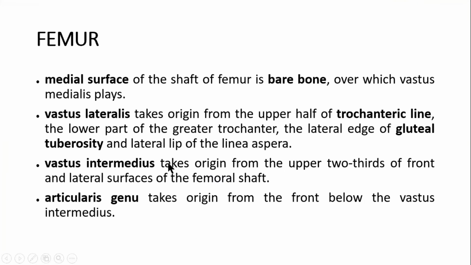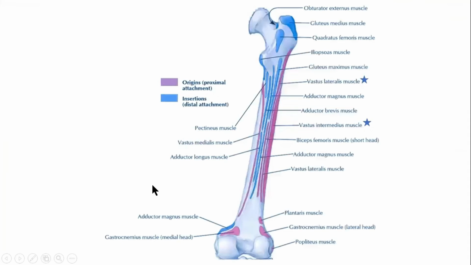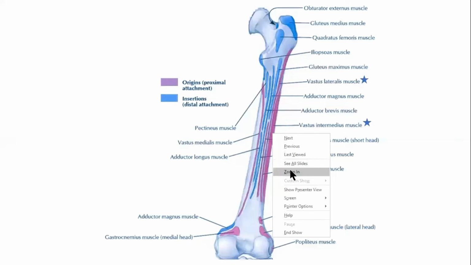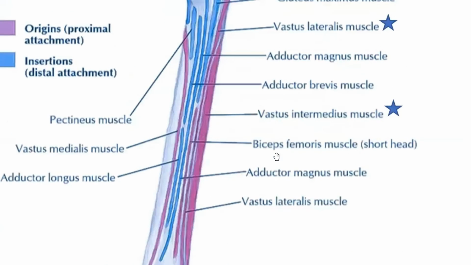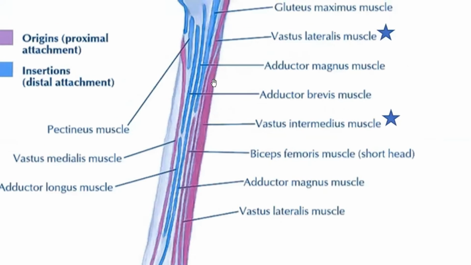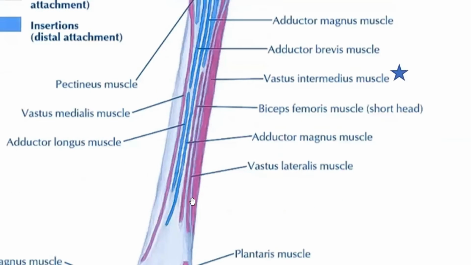Then the vastus intermedius takes origin from the upper two-thirds of the front and the lateral surface of the femoral shaft. You can see it over here, and let me zoom in for clarity. This is the vastus intermedius, coming down, going down up till here.